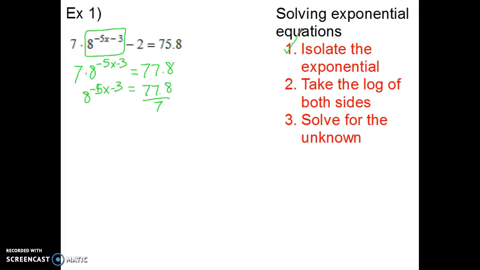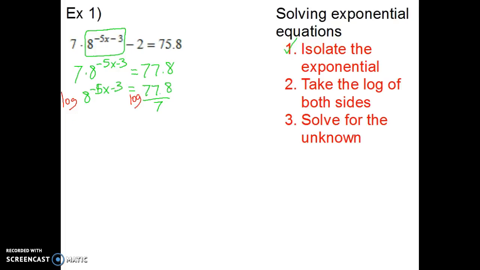We want to take the log of both sides in order to get the unknown, x, out of the exponent here, right? So we're going to take the log of both sides, log here, and also log here. We end up with log of 8 to the negative 5x minus 3 is equal to log of 77.8 over 7.